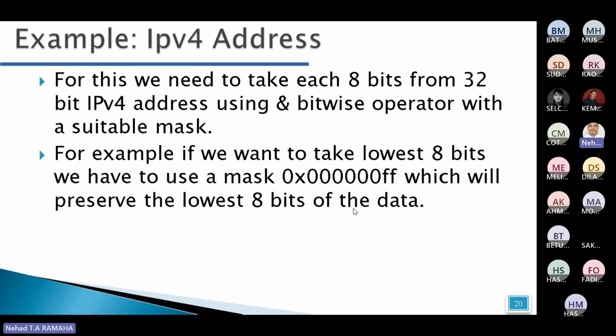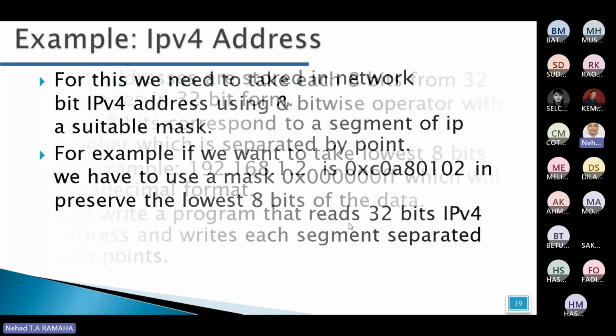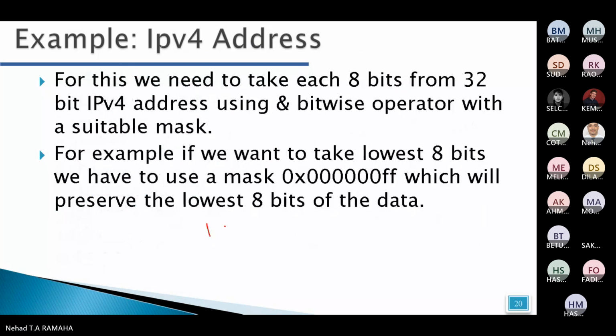To do this, first of all, we will use the idea of the mask. For example, you have this number, any number. I want to take only this part, these digits. How do I take these digits and ignore all other digits?